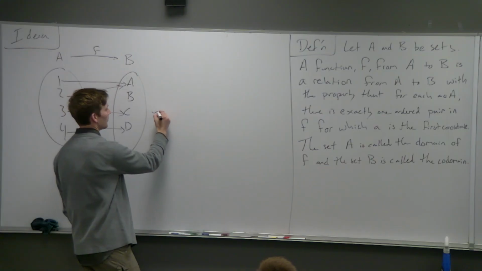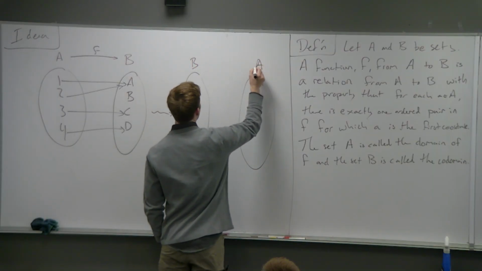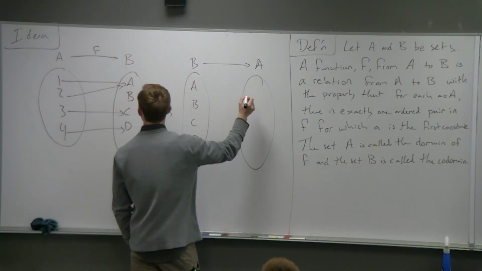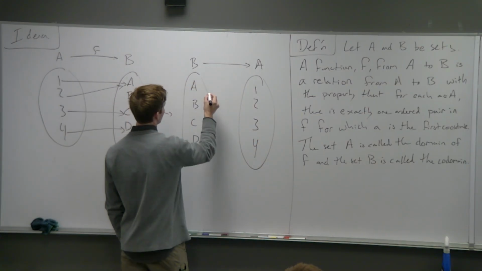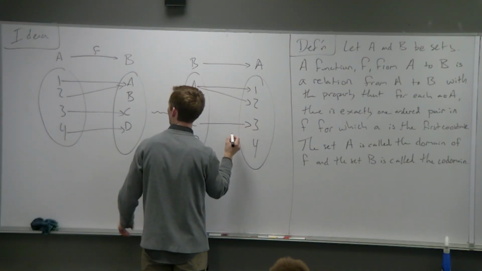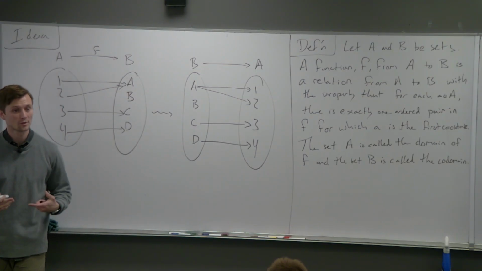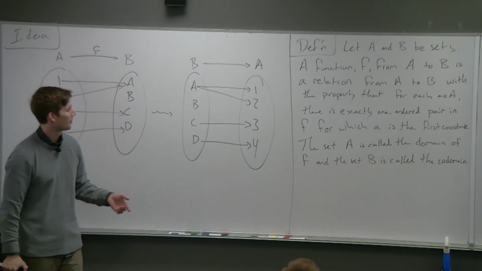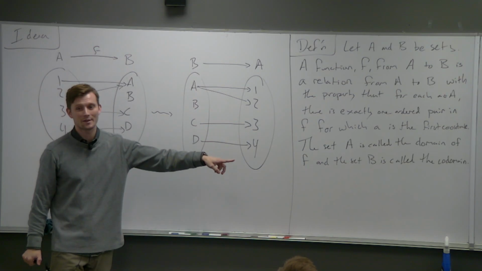That is, if I made a B and an A over here, and we went, okay, I got A, B, C, D, and I have 1, 2, 3, and 4, and now I go from A over to 1 and 2, and I go from C over to 3, and I go from D over to 4, you'd say that this is not a function, and it's not a function in multiple different ways, right? What are the ways that it fails to be a function? Well, B doesn't get sent to anything. And A gets sent to two different things.